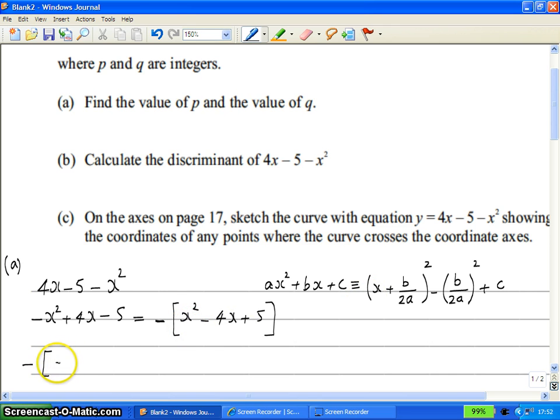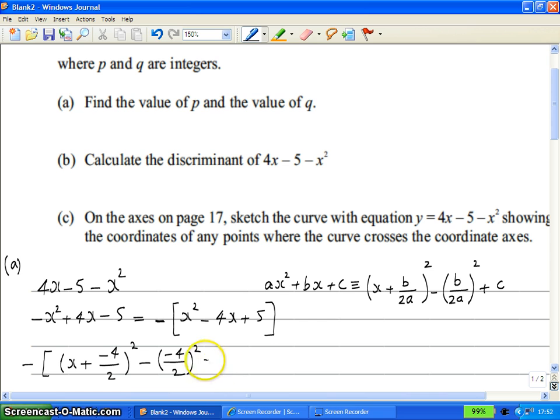The formula says that's open bracket x plus b, which is minus 4. Remember, that's b divided by 2a, which is 2, because a is 1, all squared. Then minus, same thing again, b, which is minus 4, divided by 2a, which is 2, all squared.